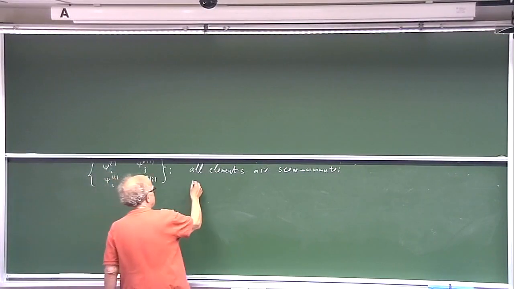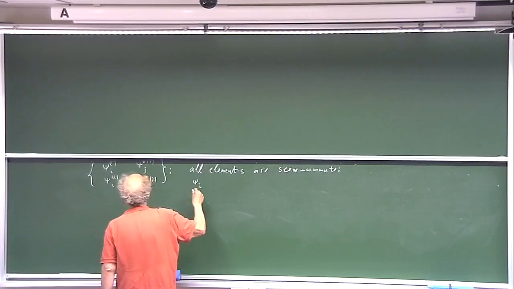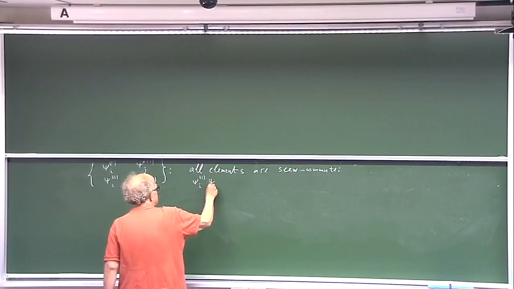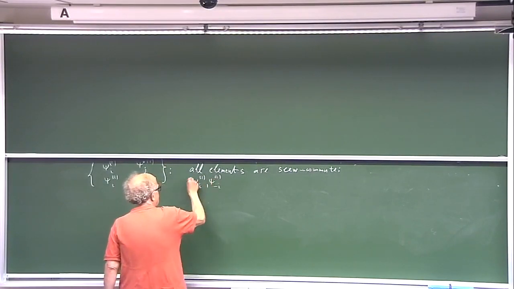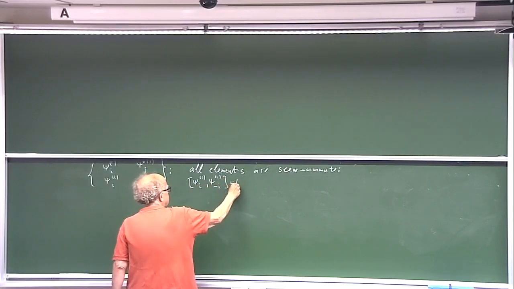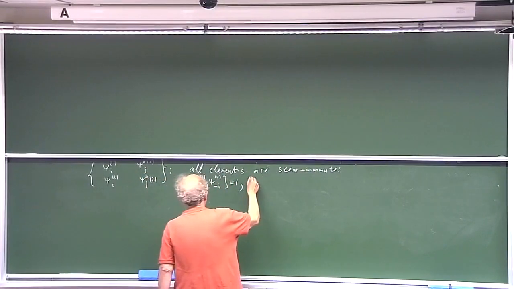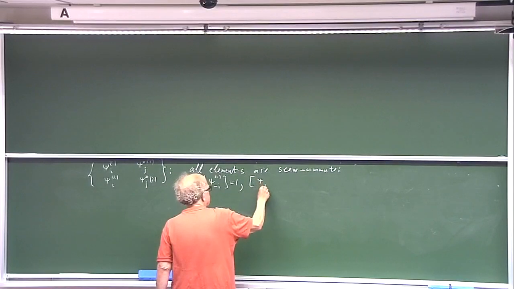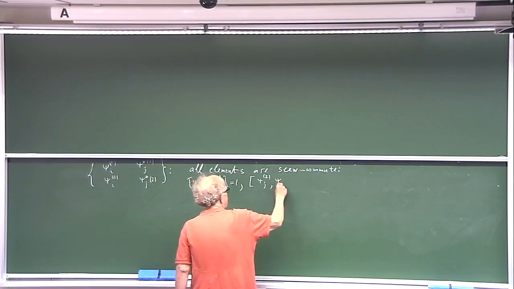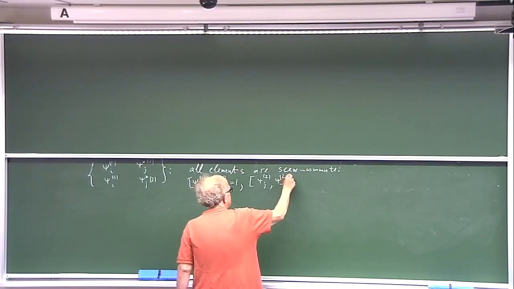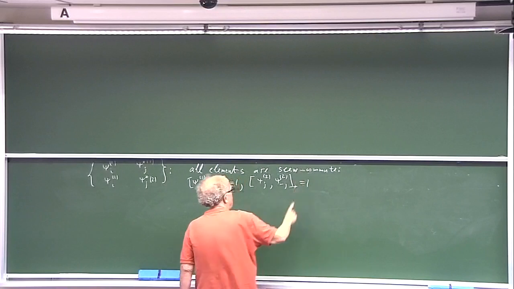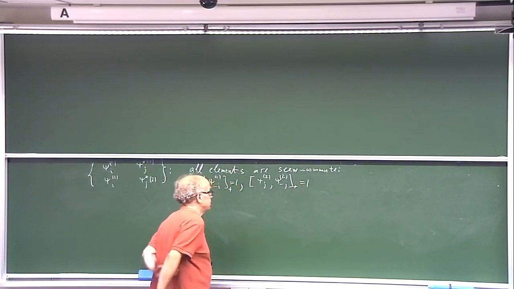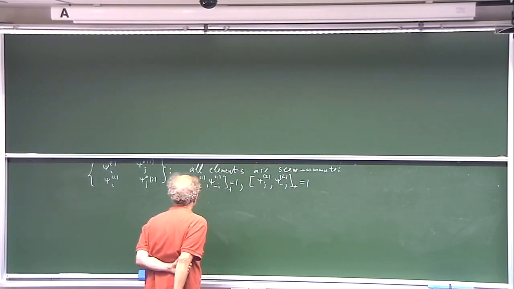So psi i 1 and psi minus i 1, the anticommutator is 1, and a similar story with 2: psi j 2 and psi minus j 2, here plus is equal to 1. All other pairs just skew commute.